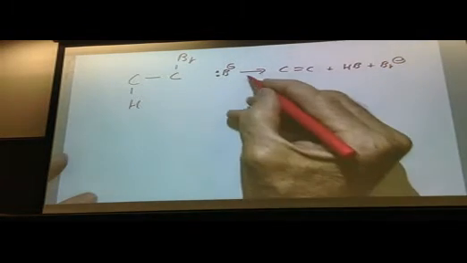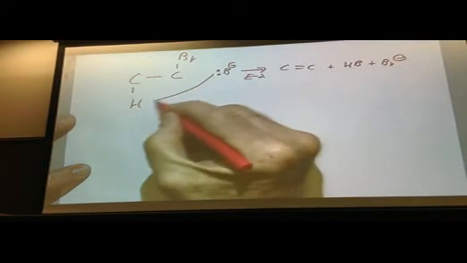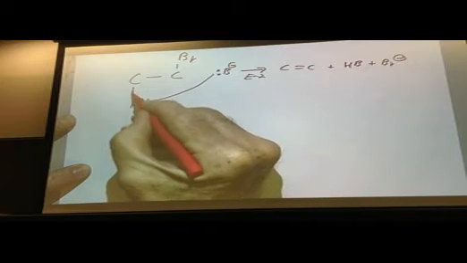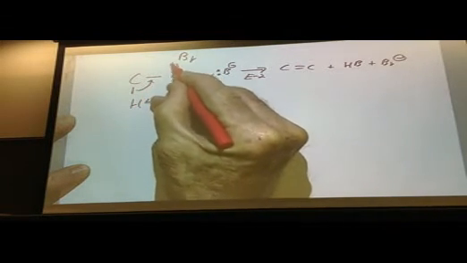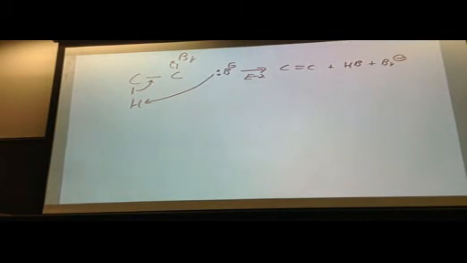If I tell you this reacts by the E2 mechanism, then here's what you want to draw. It's one step. Two things involved in the slow step. You can probably guess: attack this hydrogen, this pair of electrons slips in here, and this leaves. So that's all I need. Three atoms in one step.